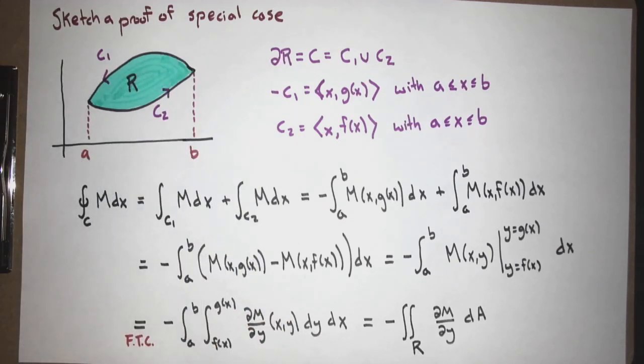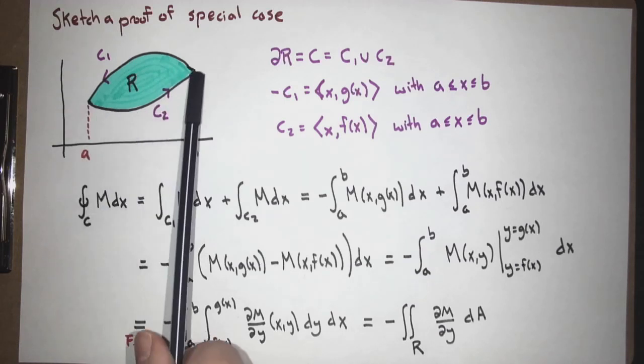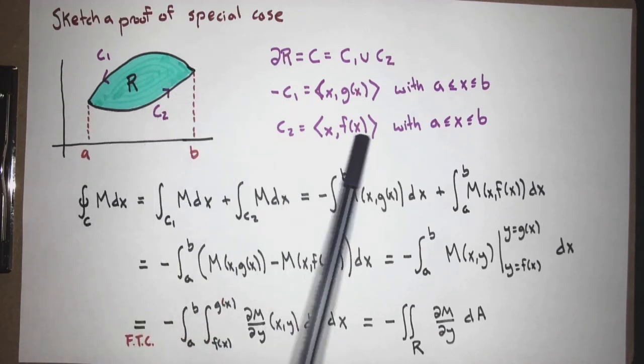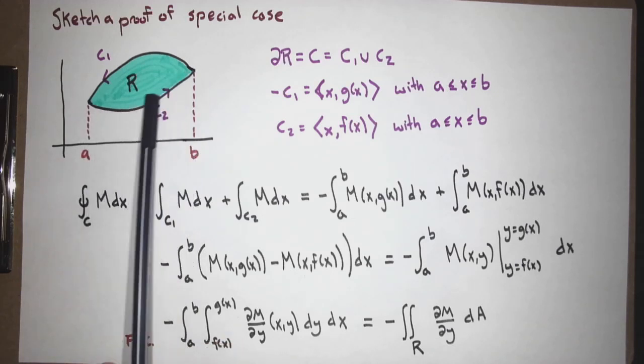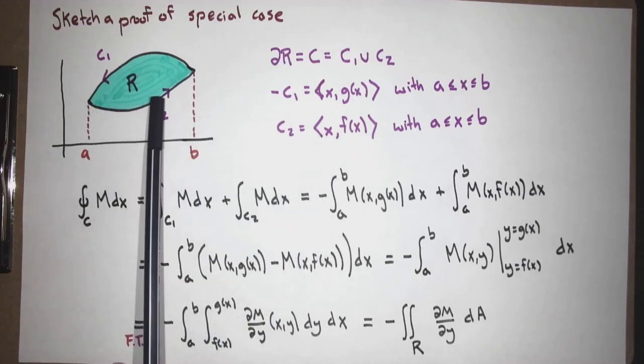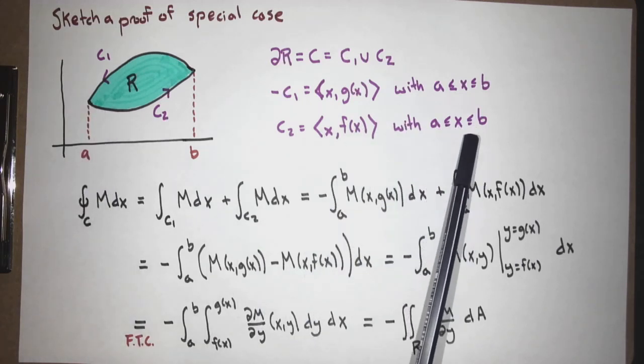If we have this set up, what can we say? It's probably easier to start with this curve downstairs. This curve looks like a function. There's some function f of x which describes this curve, so that the parameterization is x comma f of x, where x goes from A to B.